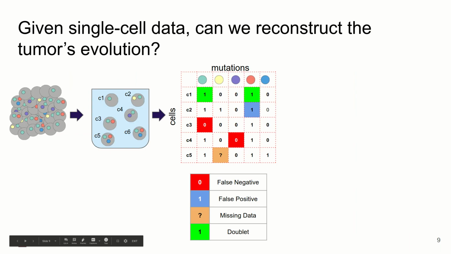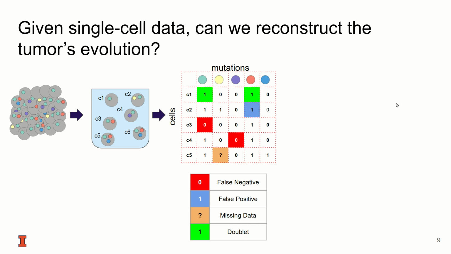So one way we might go about answering our question is to try and reconstruct the evolutionary history of a tumor given sequencing data. And one very exciting advancement in cancer research has been the rapid development of methods for single-cell DNA sequencing of tumors. And the advantage of these methods is that it provides unprecedented resolution of the clones of the tumor because we can observe the co-occurrence patterns of mutations within a single cell.